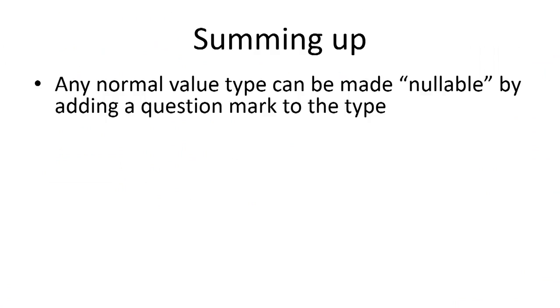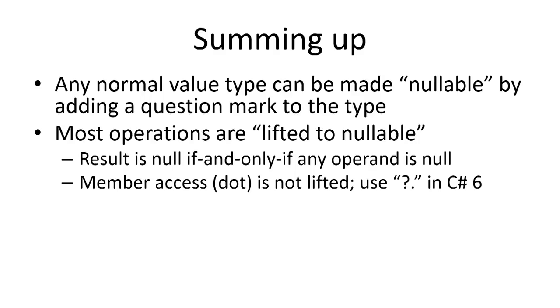Summing up, any normal value type can be made nullable by adding a question mark to that type. Most of the operators in C# are lifted to nullable. In a lifted operator, the result is null if and only if one of the operands is null. The member access operator, the dot, is not lifted by default.